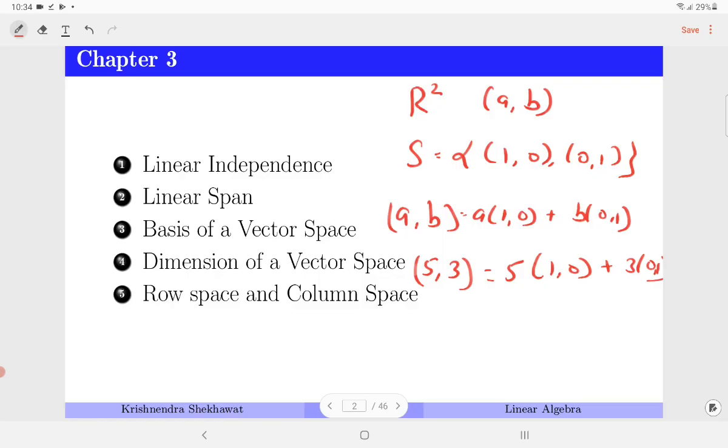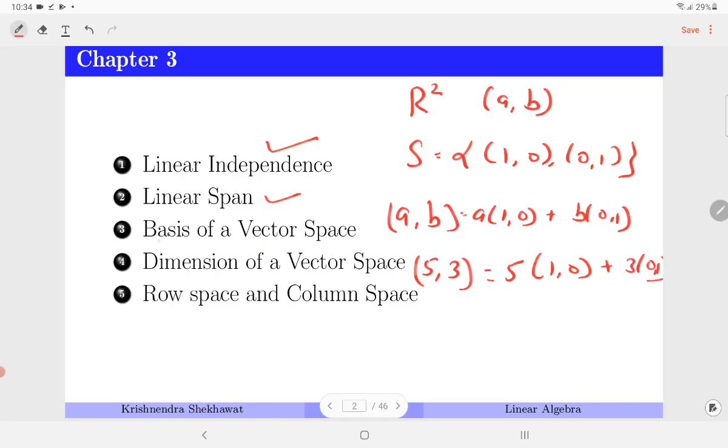Things would be more clear once we go to the generalization, but this is why we are going to start with linear independence. Then linear span means you are writing (a, b) as a linear combination of the vectors (1, 0) and (0, 1). So we need this concept.